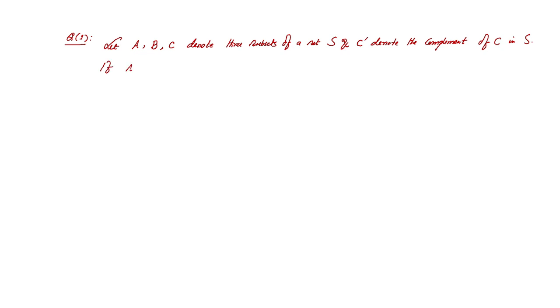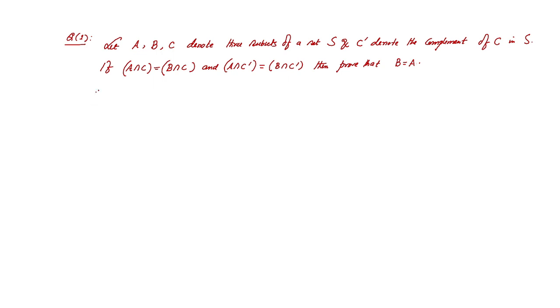If A intersection C equals B intersection C, and A intersection C complement equals B intersection C complement, then prove that B equals A.